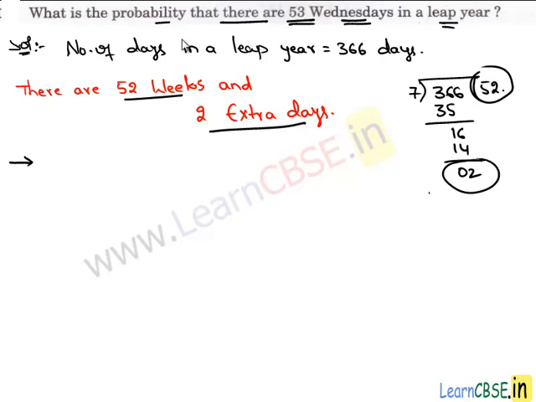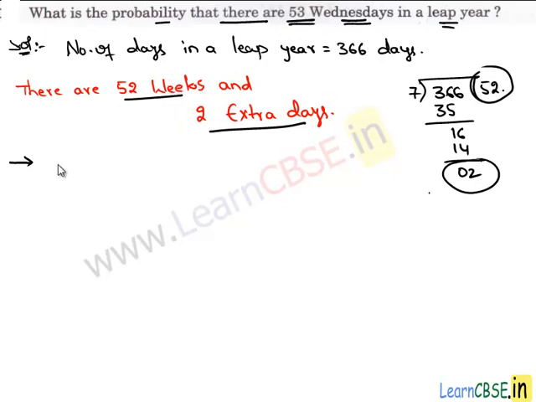So here our aim is to find whether there are 53 Wednesdays in a leap year. We have 52 weeks, so there are 52 Wednesdays, since in a week there is Monday, Tuesday, Wednesday, Thursday, Friday, Saturday and Sunday. So here we have totally 52 Wednesdays. Then what about the 2 extra days?